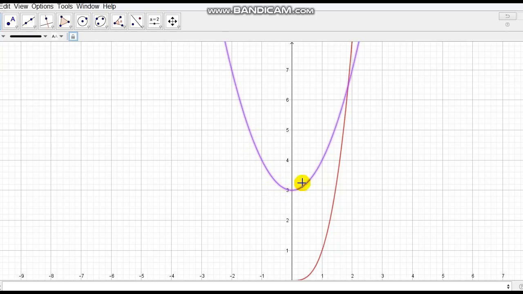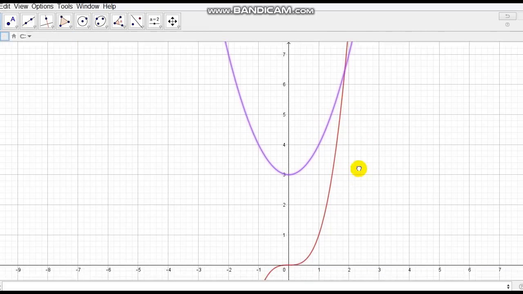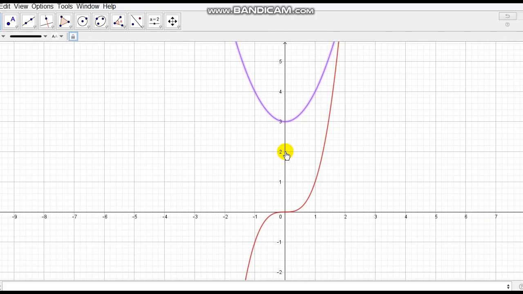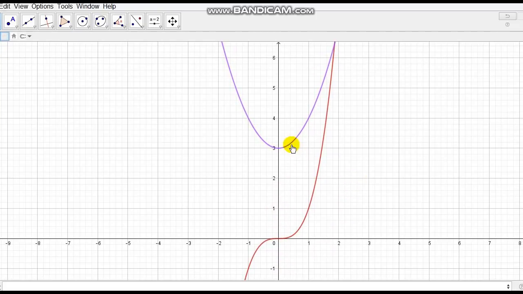From here, it goes up. There's nowhere in the graph that will make it reach the value of y equals 2, 1, 0, so on and so forth. So in this graph, the points 2, 1, 0, so on and so forth are not used, and therefore they are not mapped, which means that this graph here is not onto. However, this first graph that we have here is onto.